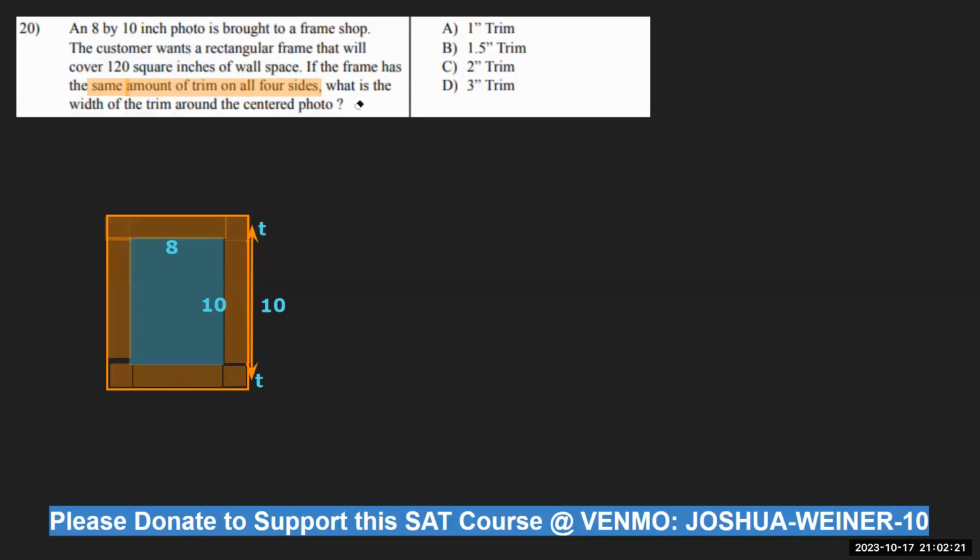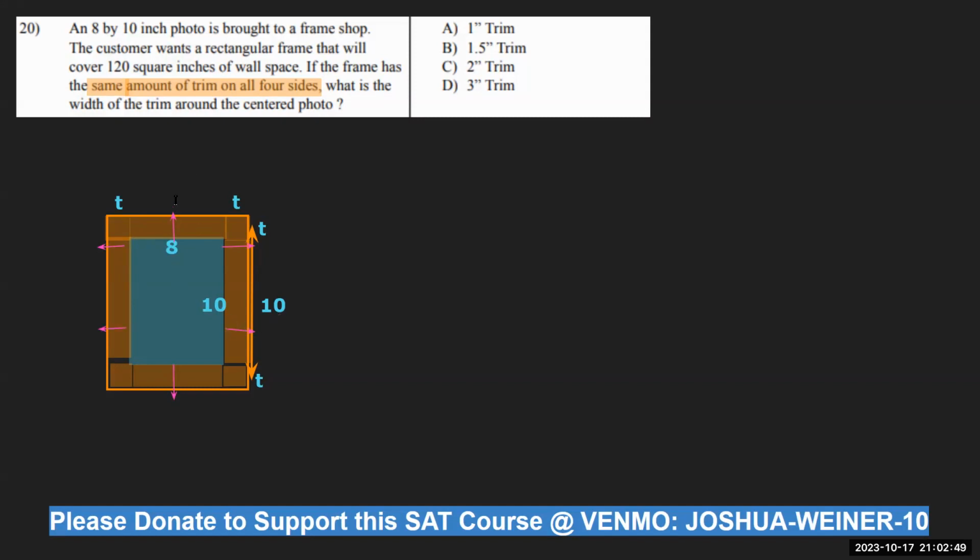And doing the same with the width, since the thickness of the trim is t units, that will be spanning to the left and to the right. Sorry, I didn't draw the arrows. So to the left t units, going down t units, going up t units, and now going to the left and to the right. It's the same wall thickness of the frame.